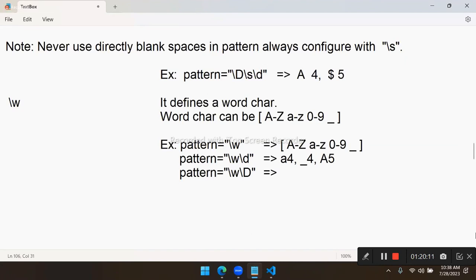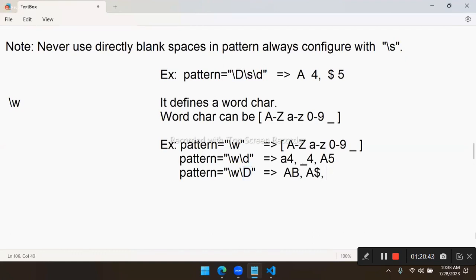For the first one, any of these are allowed. So if I write A5, is it valid? No. AB, that is valid, because uppercase D means anything other than a number. And A and suppose I say dollar, is it valid? It is valid because uppercase D allows that.